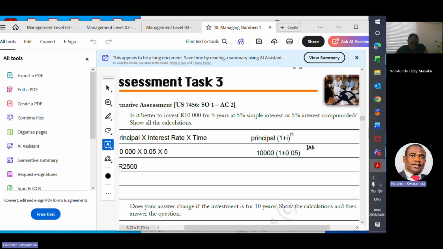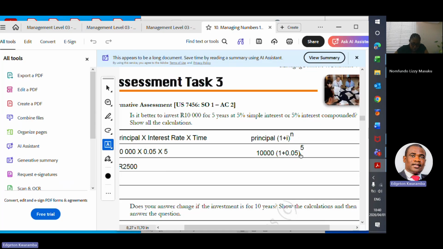Then I say to the power of the number of years. How many years? It's 5 years, so to the power of 5. If it's an iPhone, you start by solving this. Say 1 plus 0.05. I'm sure it's 1.05, yes.